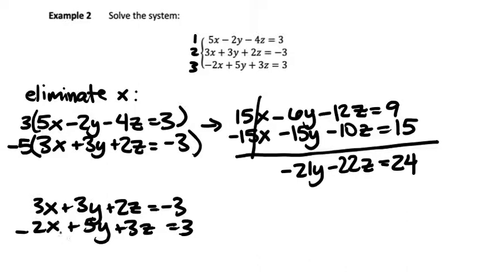And now I'm going to again eliminate x. So I'm going to multiply the top equation by 2 and the bottom equation by positive 3, because I already have one positive and one negative.